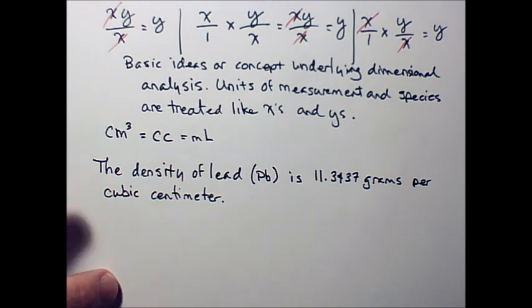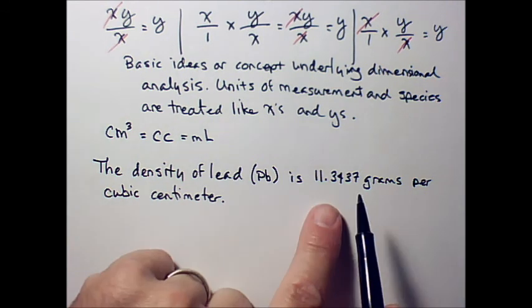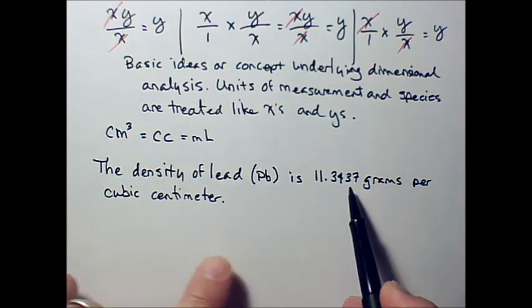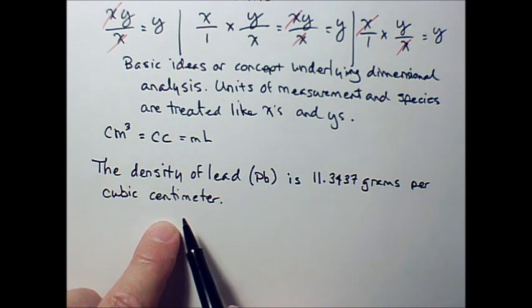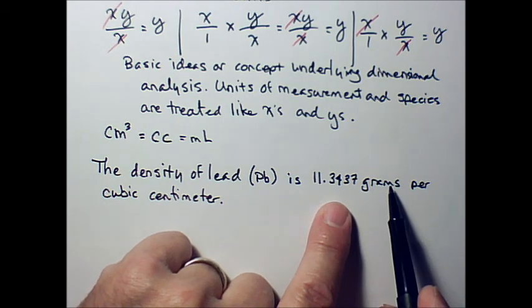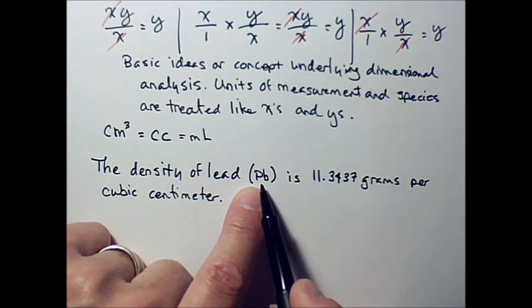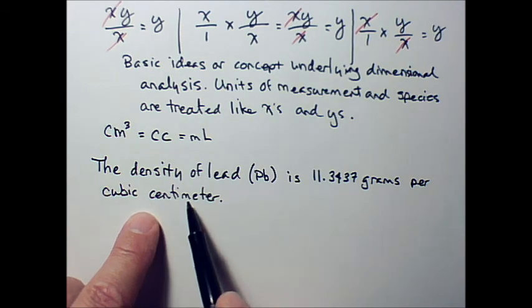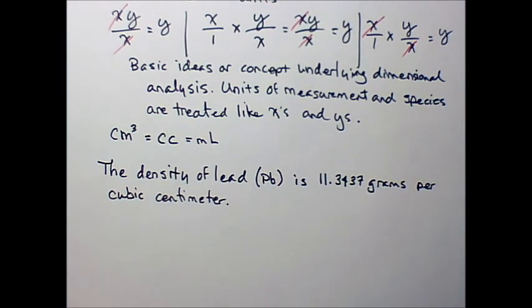To help you with interpreting the kind of problems you're going to face a lot in here, I'm going to tell you that when I say a number per some other number, the long and short of all that for this class means that this many grams of this species is equal to a cubic centimeter of this species.